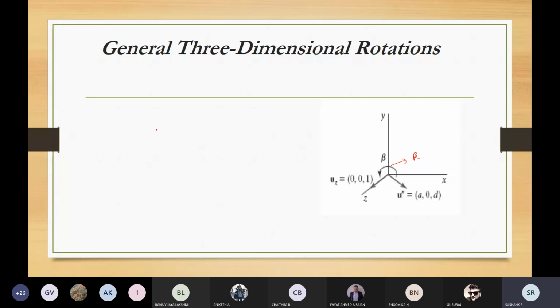Here u dash is given by a, 0, d and uz is given by 0, 0, 1. You need to find cos beta. Here we are rotating the unit vector into the xz plane around the y-axis.